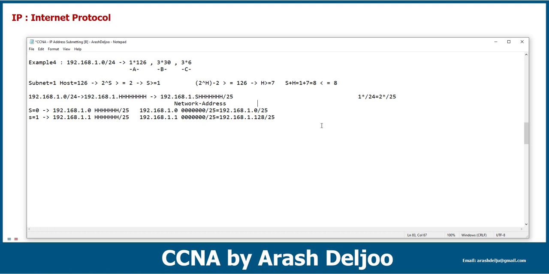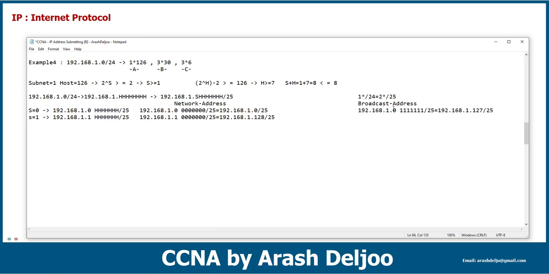After that, you know that we need to find the broadcast address. Again, this is so easy. Look at here. Here we are using 1 instead of the host bits: 192.168.1, the first bit is 0, and we use 7 ones, /25. The result is 192.168.1.127/25.